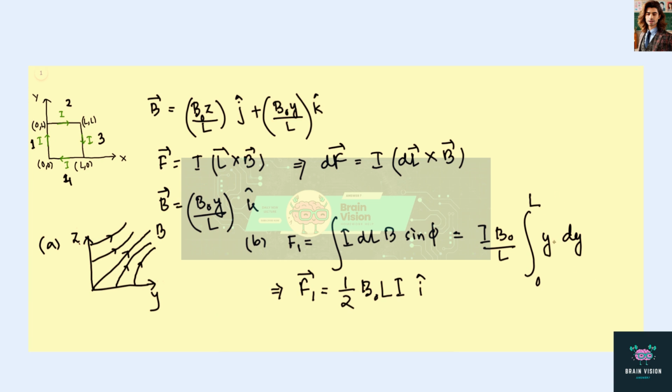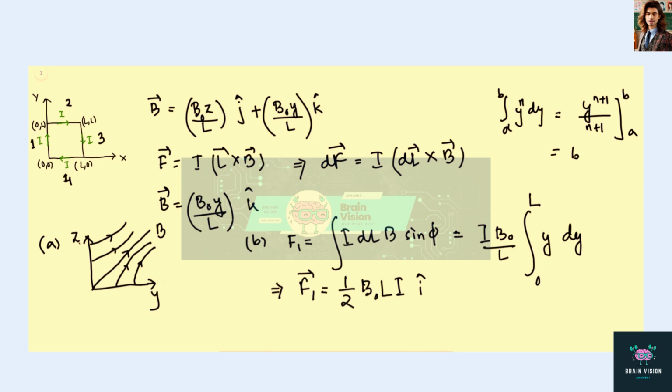And for those who don't know what this integration is, I'm just going to write it over here. Let's call this y to the power n, where n is some integer other than -1. If this goes from a to b, the integration of this is basically y to the power n plus 1 over n plus 1, and you apply the limits from a to b.